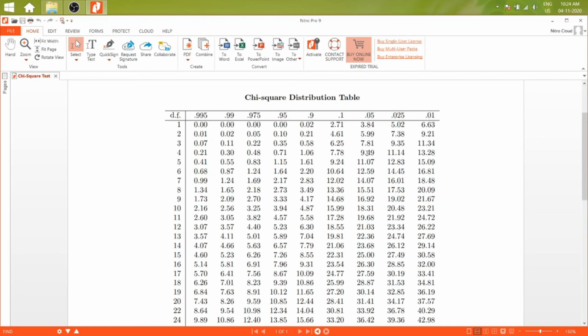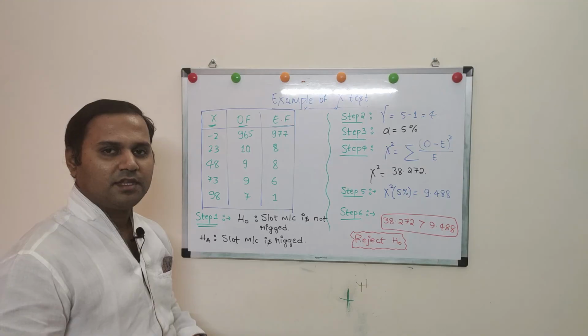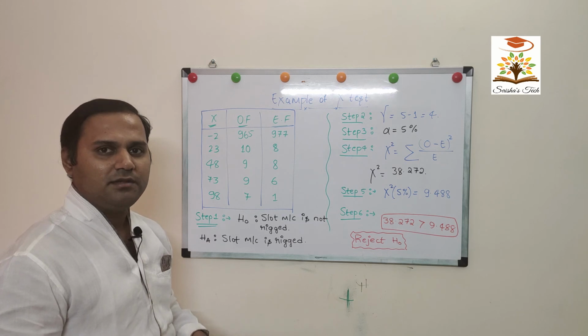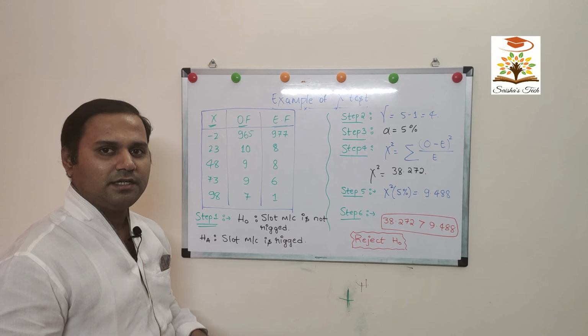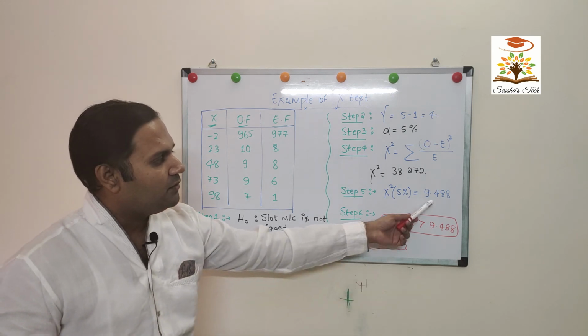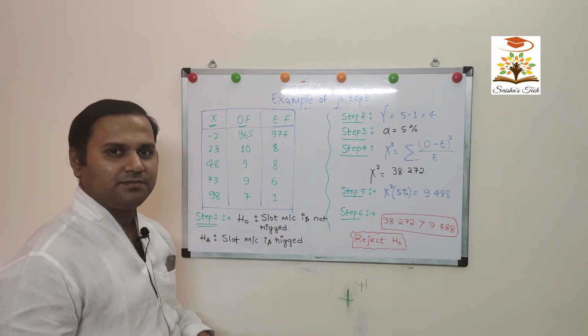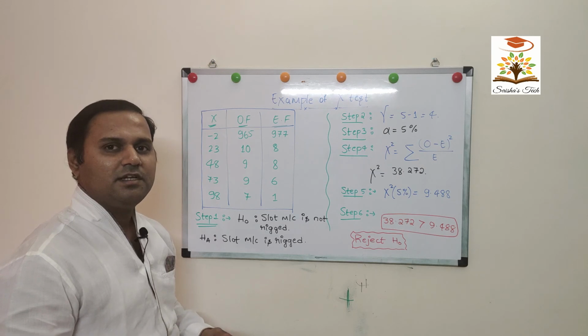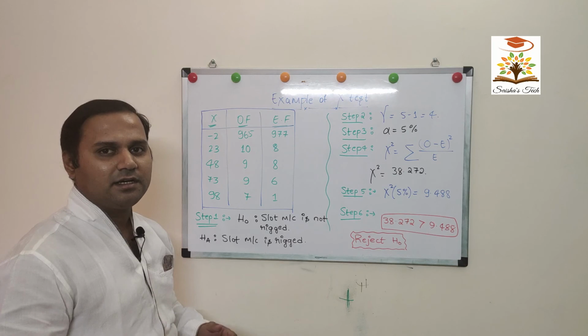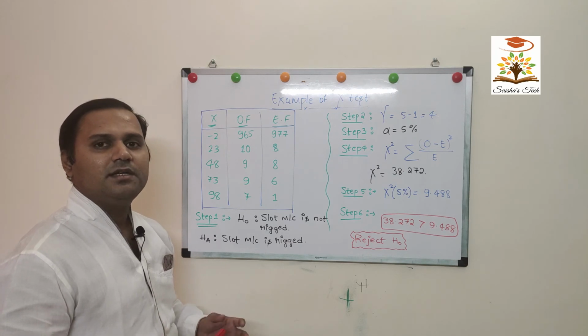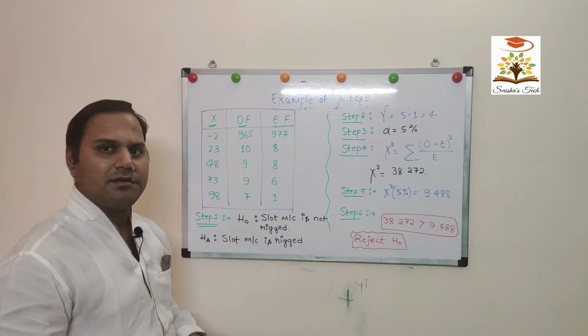This is the value which we are going to utilize for further calculation. As observed from the table, the value for chi-square test would be 9.488, which means above 9.488 is the critical region where we reject our null hypothesis.